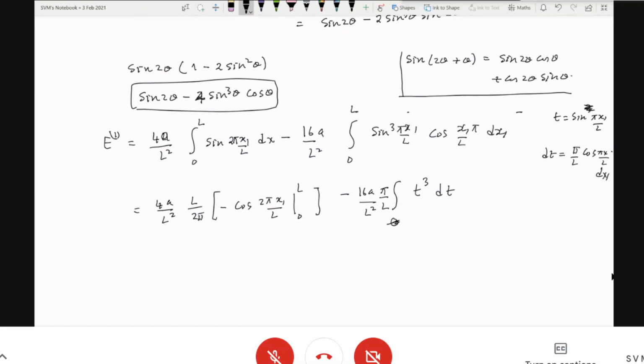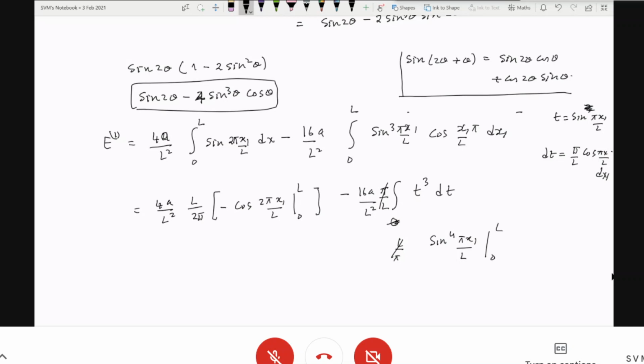And this will give you t to the 4 by 4. So I can write that as sine to the power 4 pi x1 by L by 4, times L by pi, and that L by pi will cancel with this L by pi anyway.